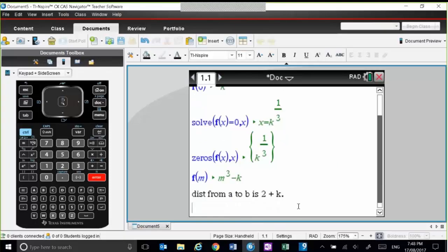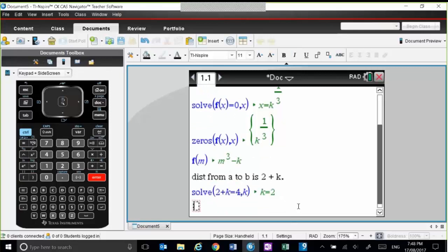Now, I suppose we could solve that: if we press Control M, we could solve 2 plus K equals 4, comma, and solve for K, and we'll get K equals 2. But I'd like to think we would all be able to realise that that was in fact the answer.